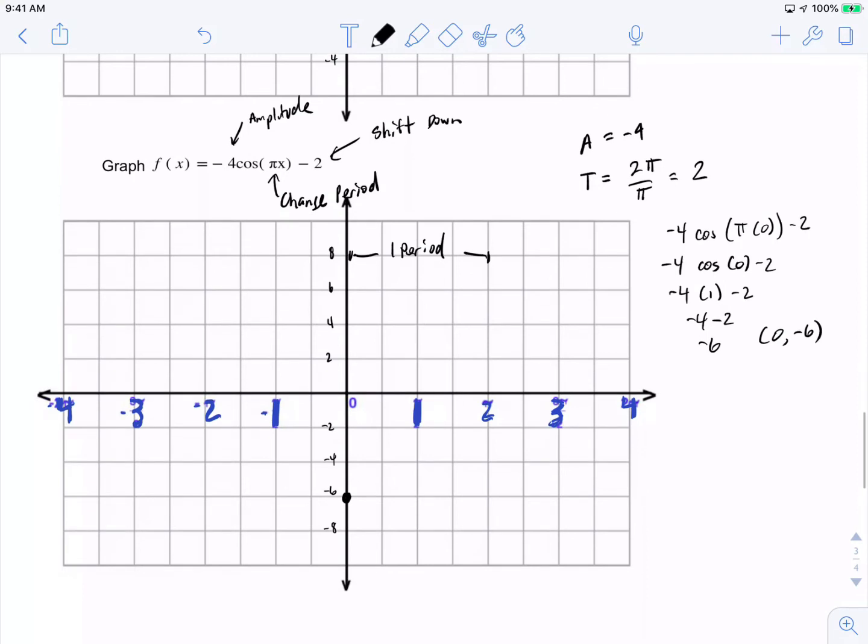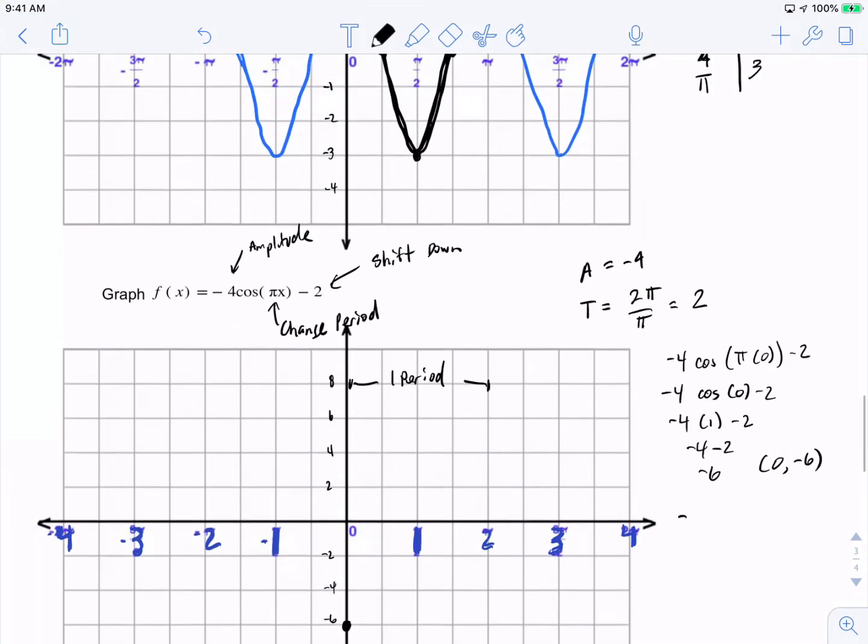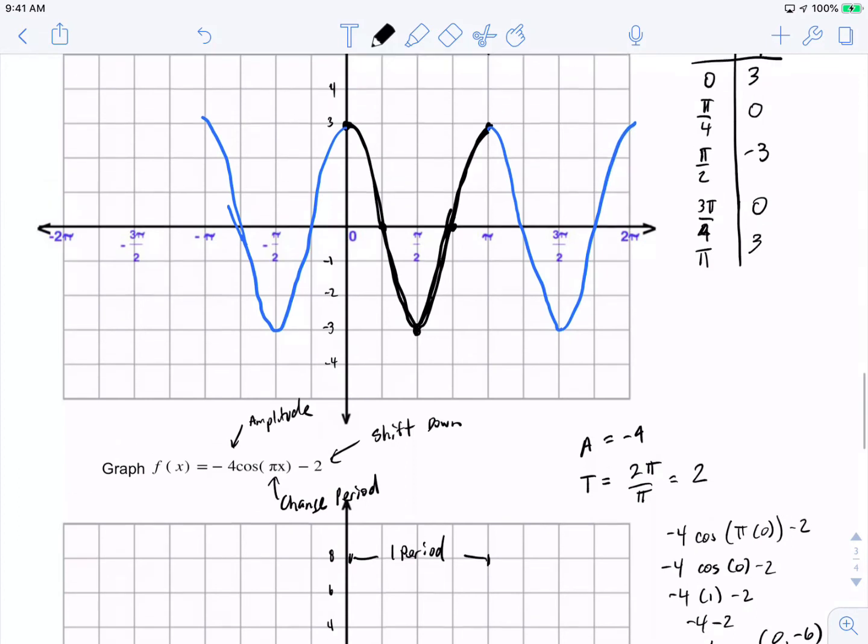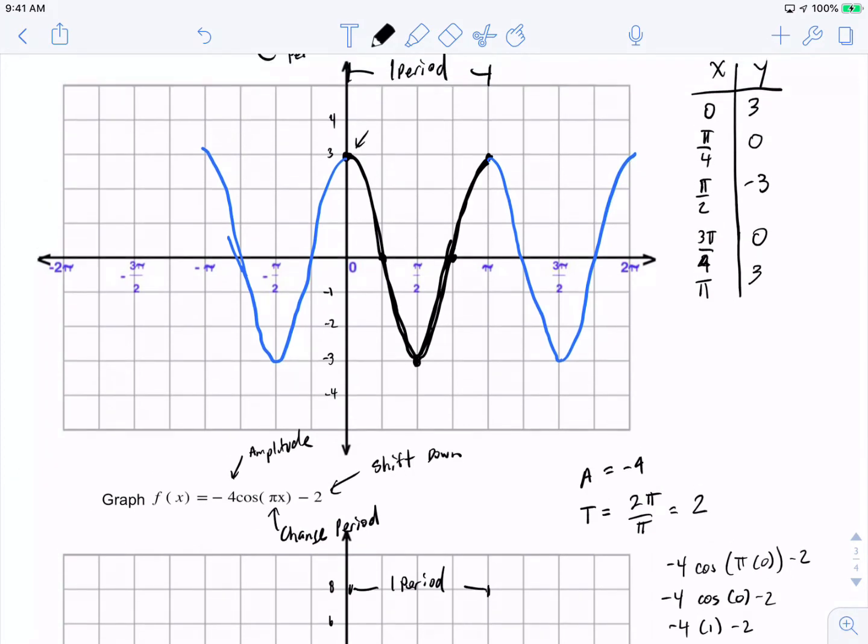Let's try 1. Part of the reason I'm choosing these values, just so you get an idea, is because they're the points that get me to the crest and to the trough. Notice that really there's 5 key points that I use, and so what I'm using in this bottom example is the crest, a crest, and a trough to be able to get my values.